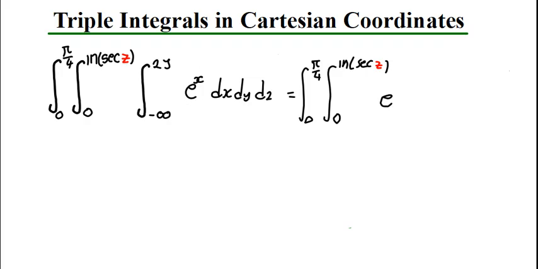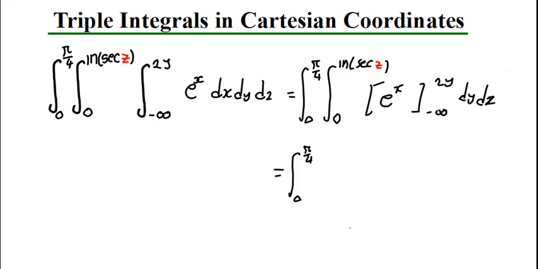So that should be e to the x evaluating from minus infinity to 2y, dy dz like that. I still have this, that's from 0 to pi over 4. Then to save time, let me just copy this and bring it here.